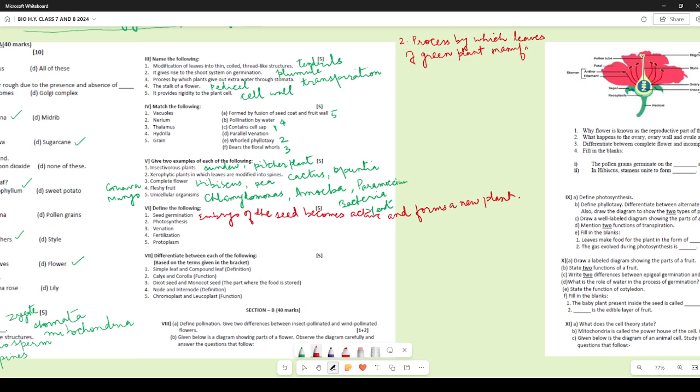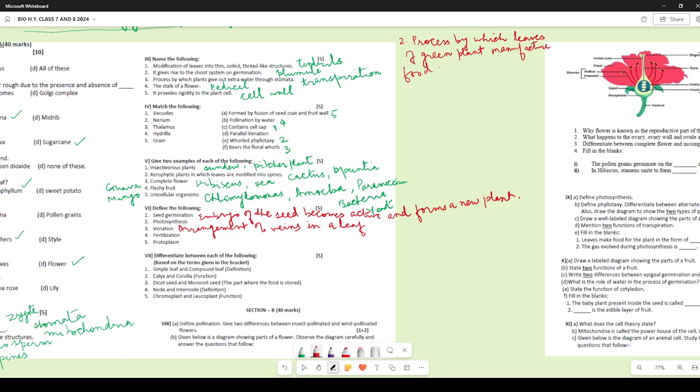They prepare food. What is venation? Venation is the arrangement of veins in a leaf. You remember, there is reticulate venation, there is parallel venation.